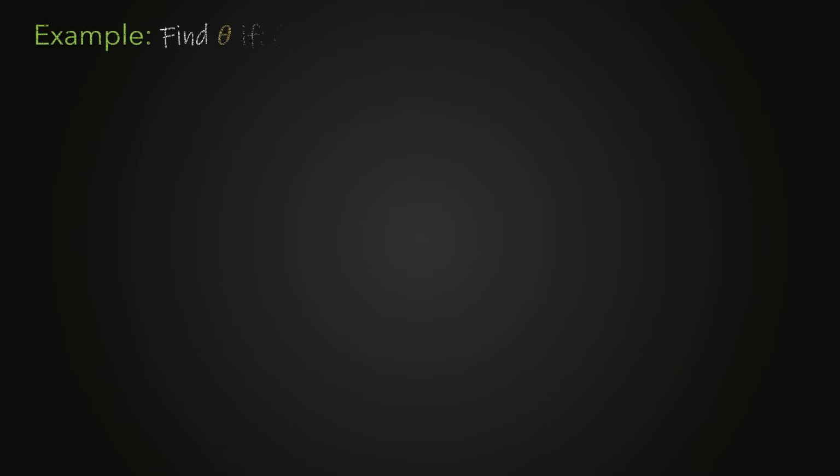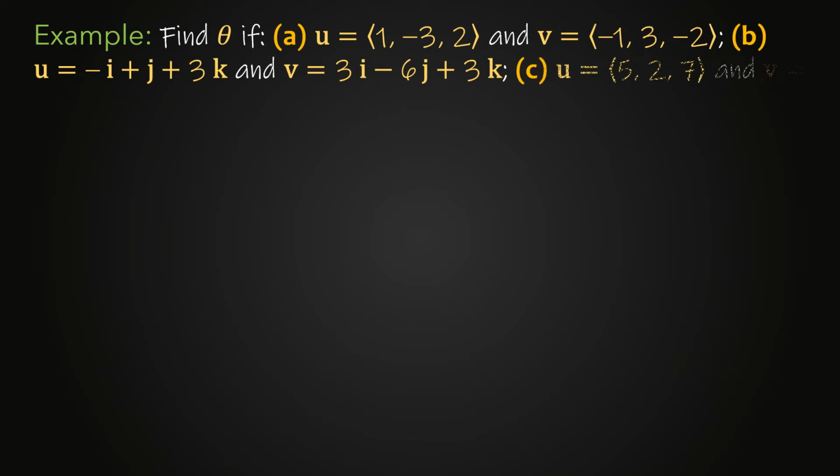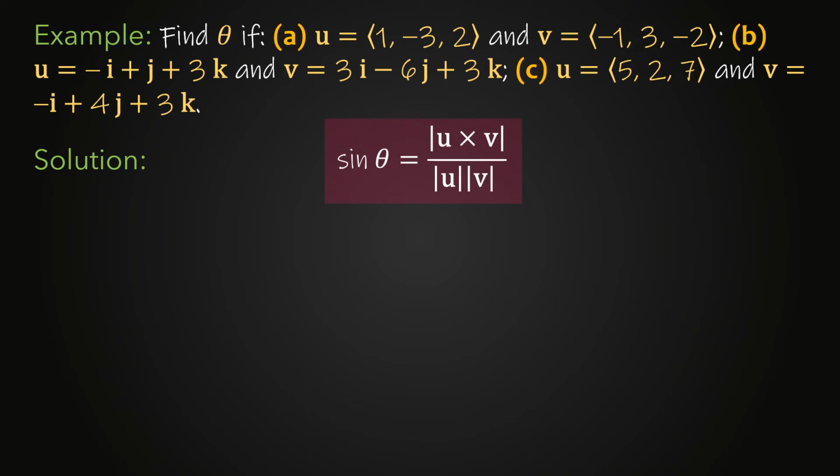Example: find the angle between the vectors if u and v have the following values. Solution: recall that the sine of the angle between two vectors is equal to the norm of their cross product divided by the product of their norms. A. Compute the cross product of u and v.